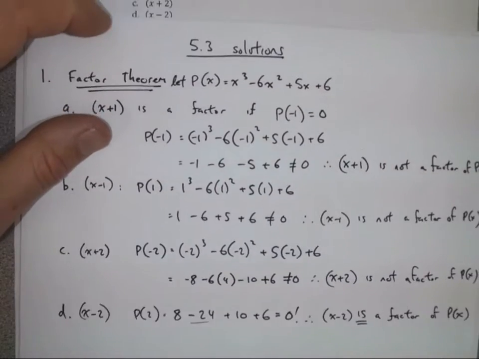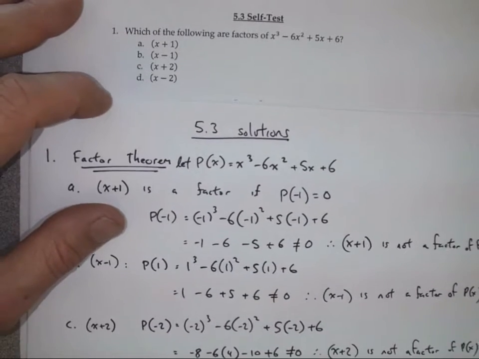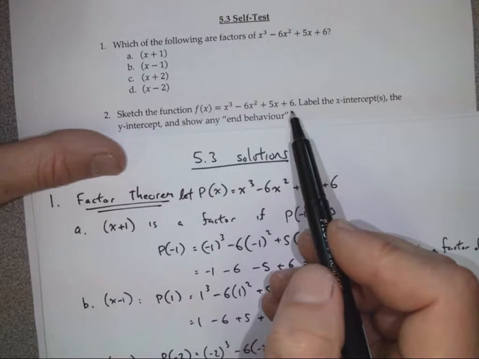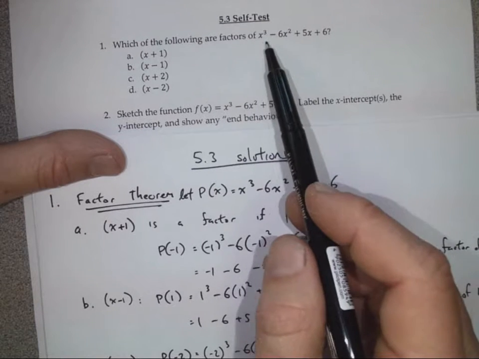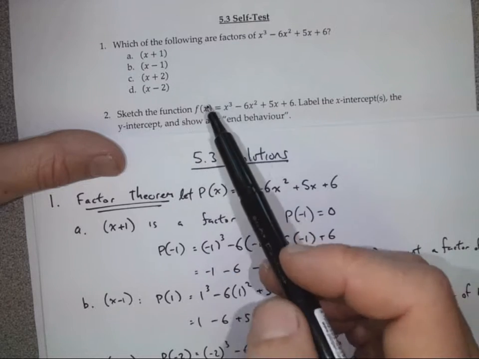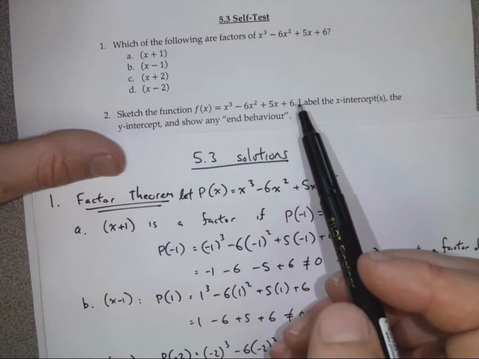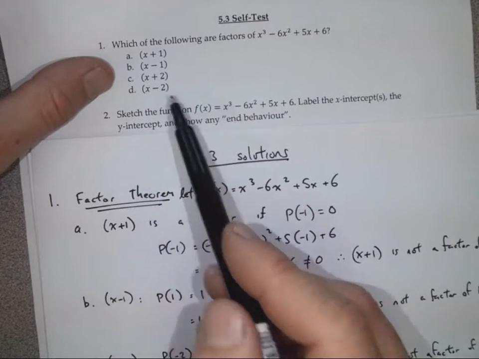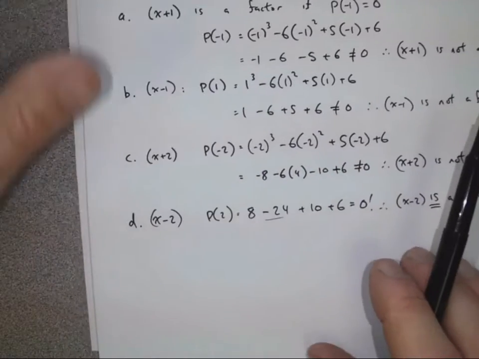Okay. So, moving on to question 2. Question 2 asks us to sketch this function, which you may notice is the same expression as this one, so we already know a factor of this expression. So we're going to exploit the fact that we know that x minus 2 is a factor of this. Okay.